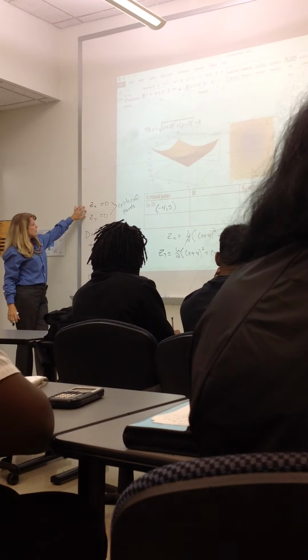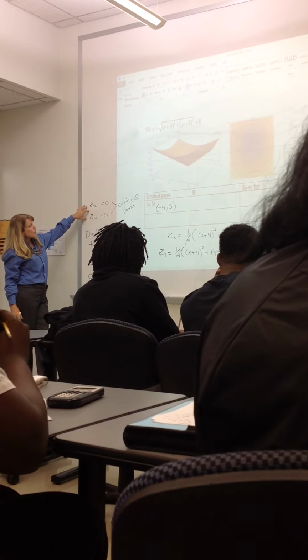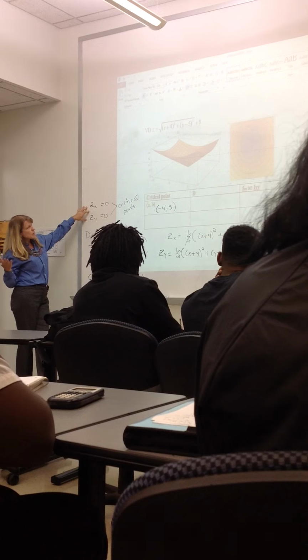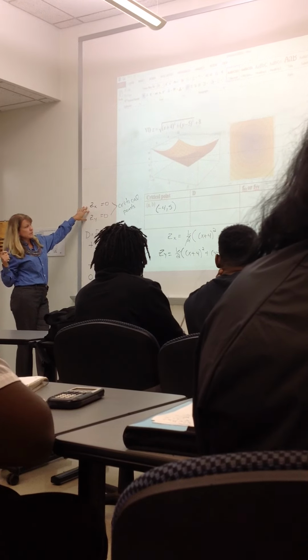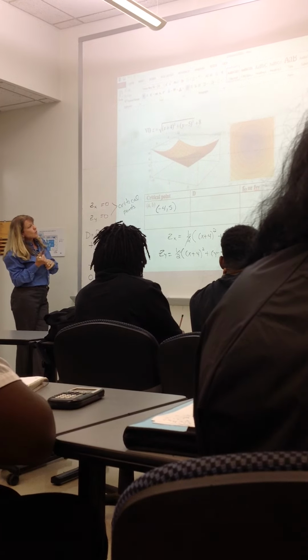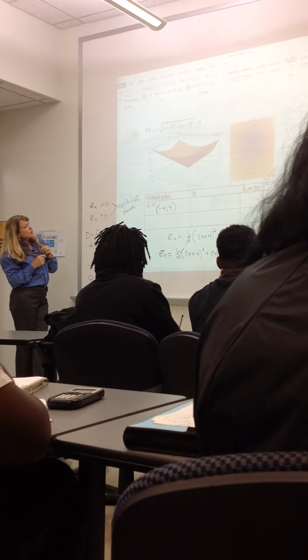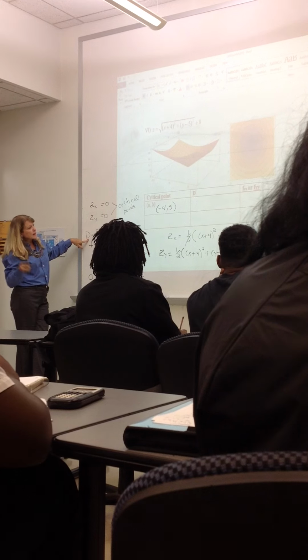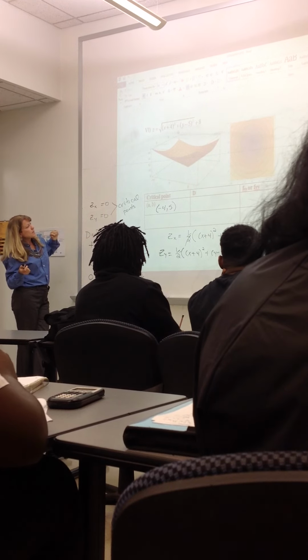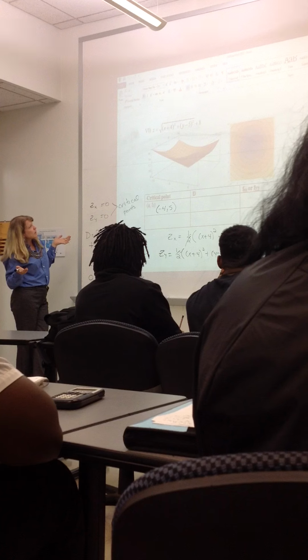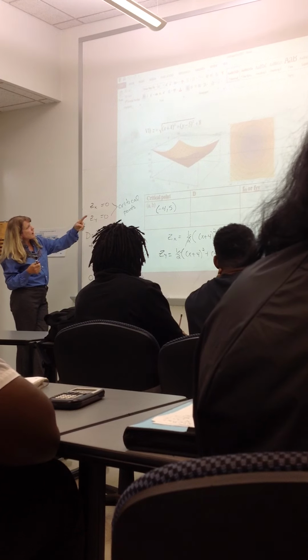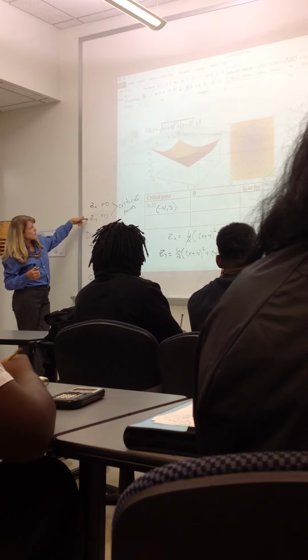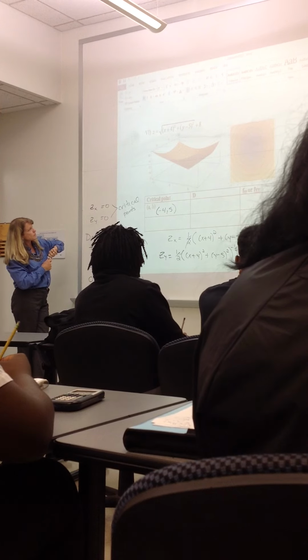Because my first derivatives are undefined at that point, the second derivatives will also be undefined at that point. And so there's not a reason to find D or to find our second derivatives, because they will be undefined at our point.